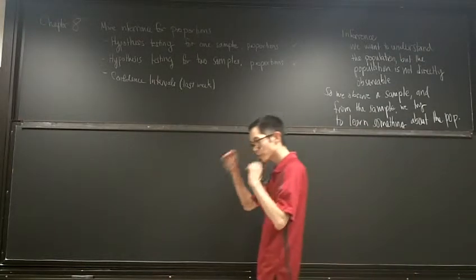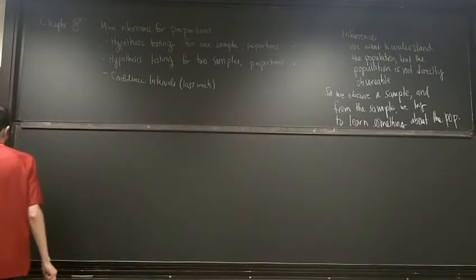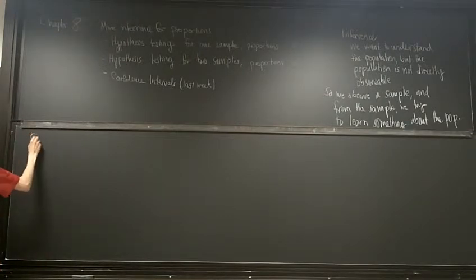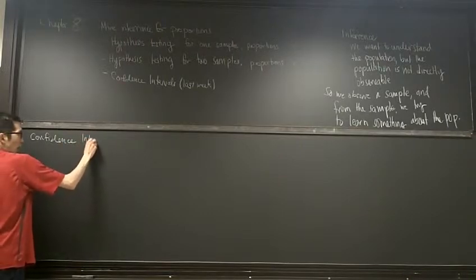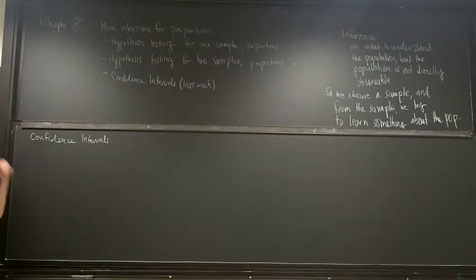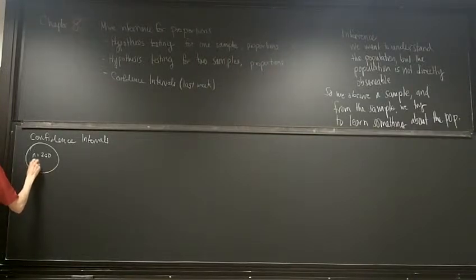Just to put things in perspective, what you learned last week was confidence intervals. You had a sample, let's say n equals 200, and maybe you flipped a coin 200 times and got heads 100 times. Let's say you don't understand anything about coin flips.